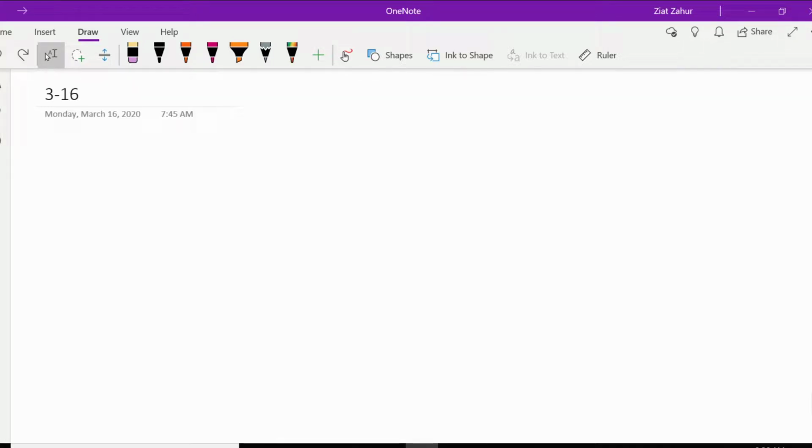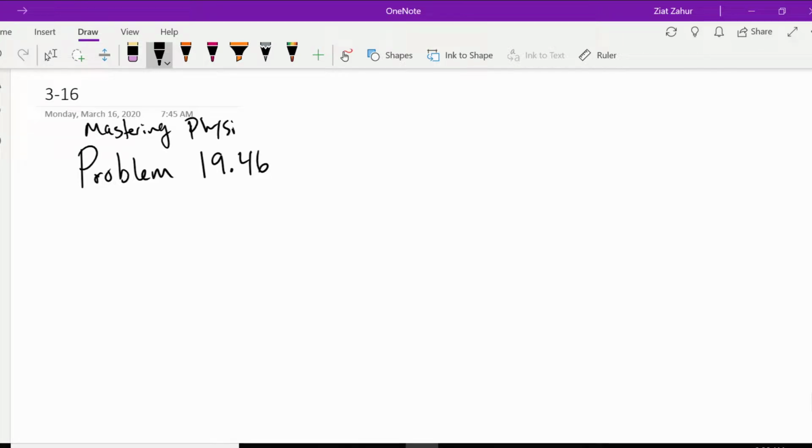This is problem 19.46 from Mastering Physics number 2.